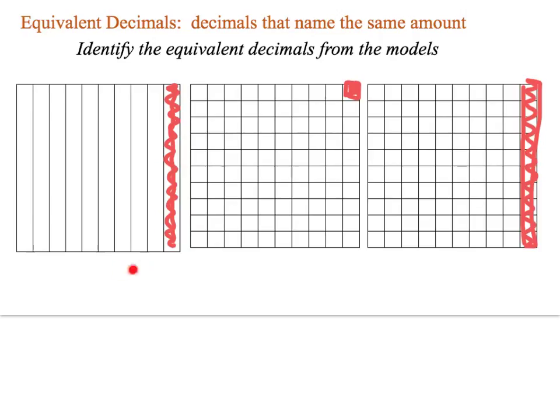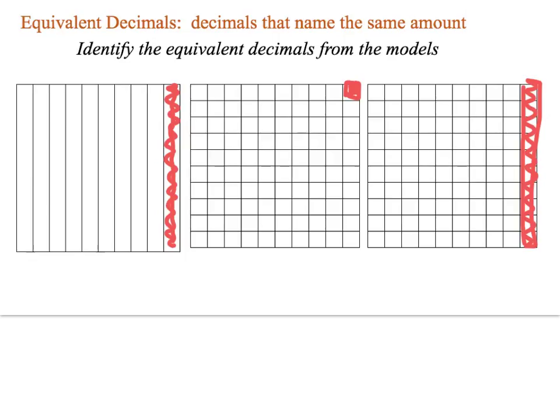The first figure we have here is divided into tenths, and we know this because if we count the columns, we have 1, 2, 3, 4, 5, 6, 7, 8, 9, 10. We have 10 equivalent sections within this block. Of those 10 total sections, I have shaded in one region.